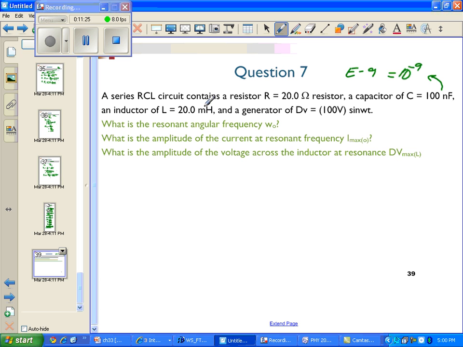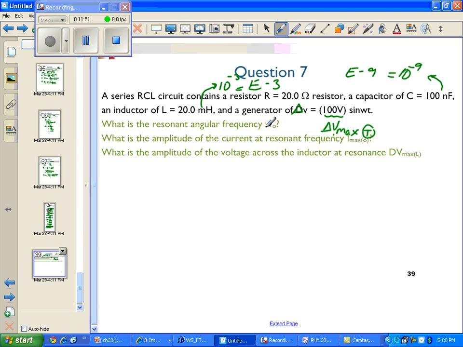The inductor is 20 millihenries. Milli is 10 to the minus 3, which is the same as e to the minus 3. And the generator supplies a time-dependent voltage, which has a maximum delta V max, and this is of course total because it's the generator, times the sine of omega t.